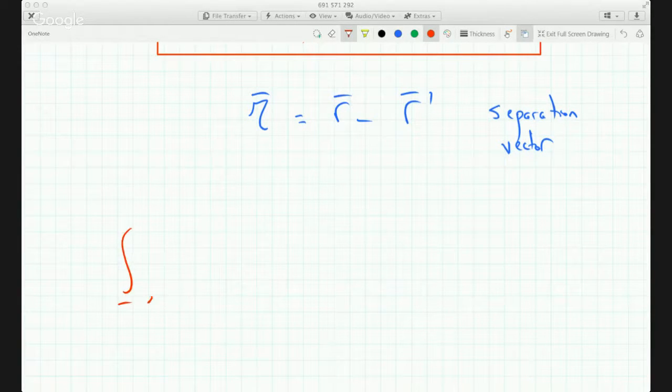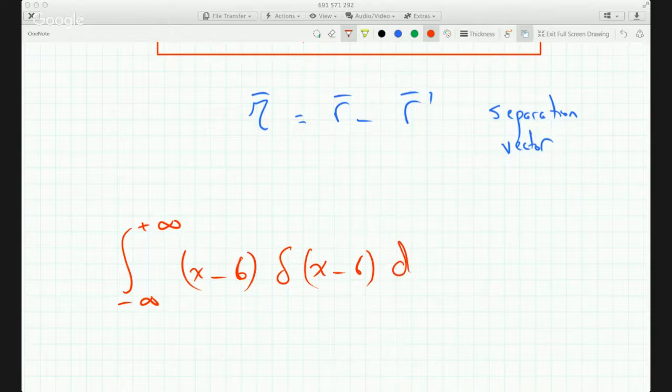So, the integral from minus infinity to plus infinity of x minus 6 times the Dirac delta function of x minus 6 dx. Well, we said that this will be 0 everywhere except at 6, and this will pick up the value of the function. So this is f of x here.